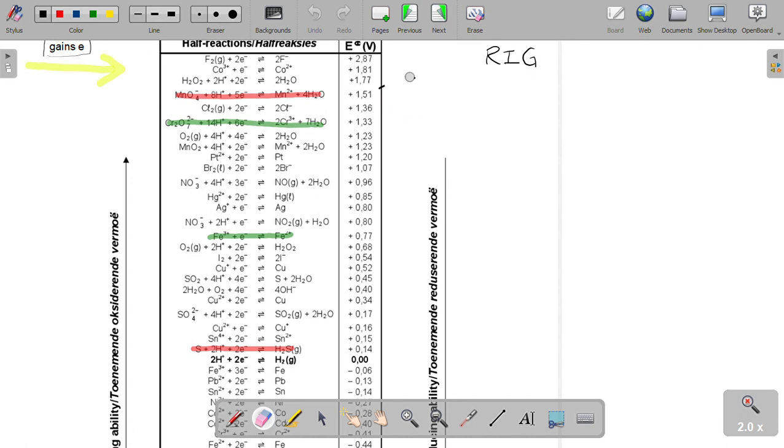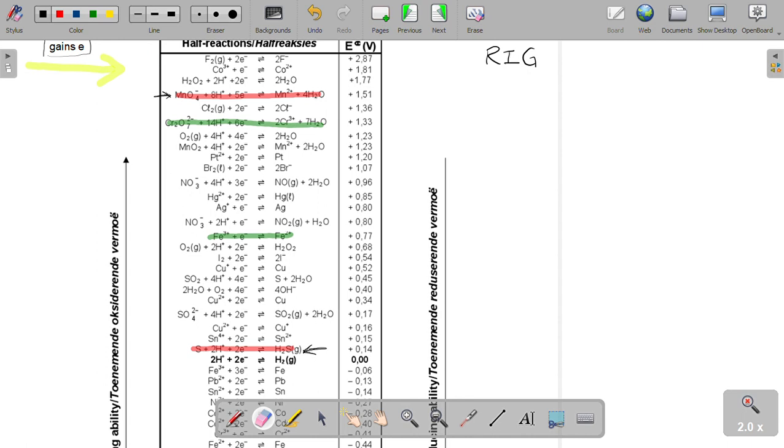So you can look at that balance equation on the next page again and you'll see it's quite easy to identify that this one is one of the half reactions and that this one is one of the half reactions. So ignore the green, I'm going to use the green for the next one. We're looking specifically at those two.